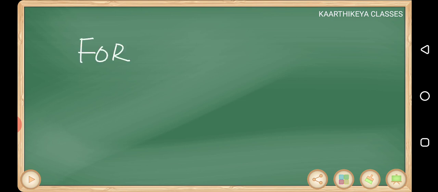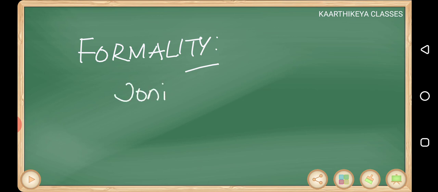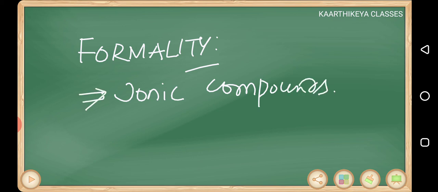Formality is another one. It is given generally for ionic compounds. Formality is the same as molarity, but it is used for ionic compounds, because for ionic compounds you should not say molecular mass. There we use the term formula mass.